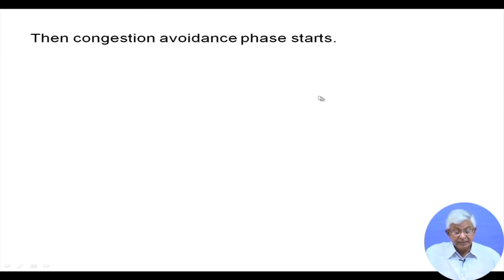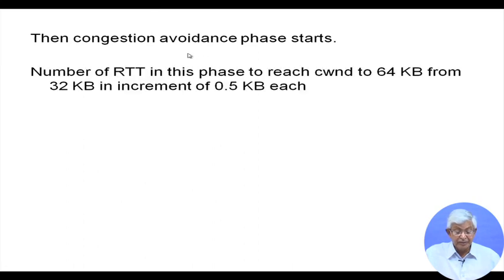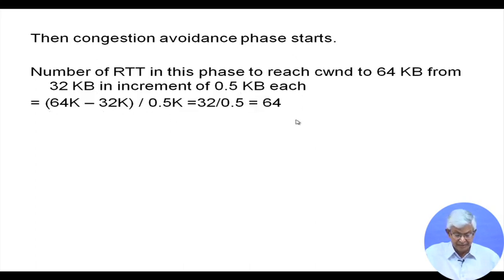Now, after 3 seconds, it enters the congestion avoidance phase, because CWND is now equal to the new SS threshold. So, the number of RTTs in this phase to reach CWND of 64 kilobytes, that is the target, from 32 kilobytes with an increment of 0.5 kilobyte each, is the difference of these two divided by 0.5, because it is a linear increase.